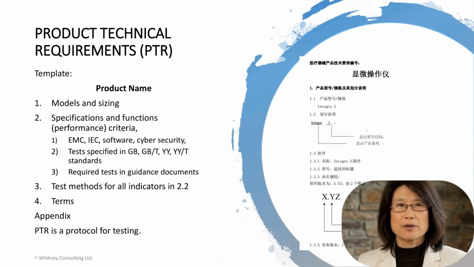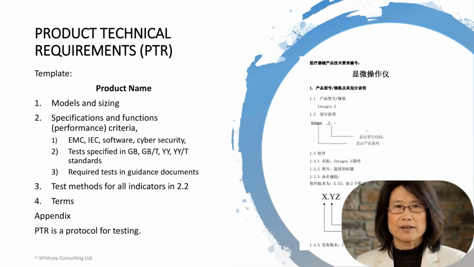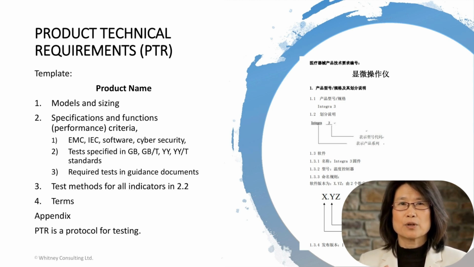Here's a template for a typical PTR. Section 1 is the identification of the product, such as product name, product model, sizing information if there is any. Section 2 is about the specifications, functions, and performance criteria. In this section, IEC and EMC requirements are included.